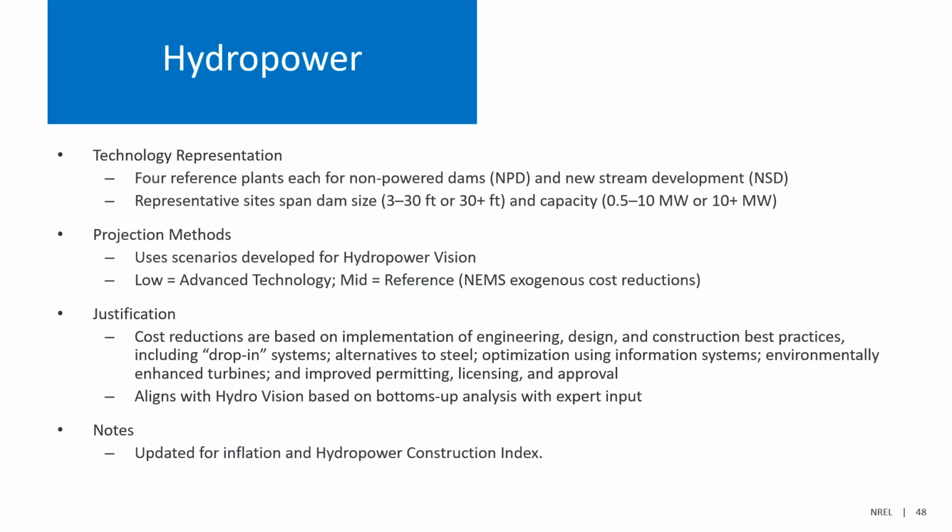In terms of the projection methods, these are based on a comprehensive analysis that was done around 2016. We're making an effort to update that, but we have not done that yet. So for this year, the projections are essentially the same, but the scenarios were based on what was developed for what's referred to as the hydropower vision study.